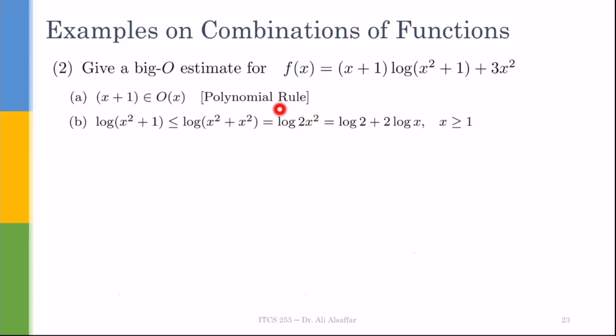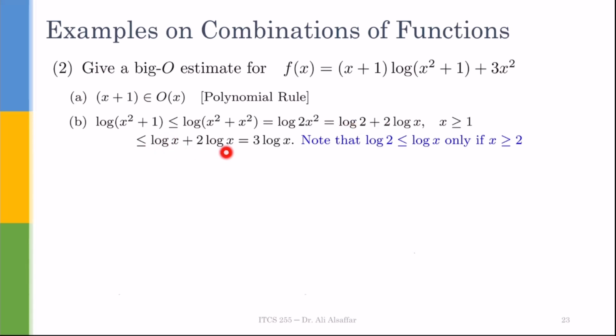Apply the log property over the product of two numbers, we will get log 2 plus 2 log x. Now again, replace log 2 by log x. So when you replace log 2 by log x, then this expression will be less than or equal to log x plus 2 log x. You add, you will get 3 log x.